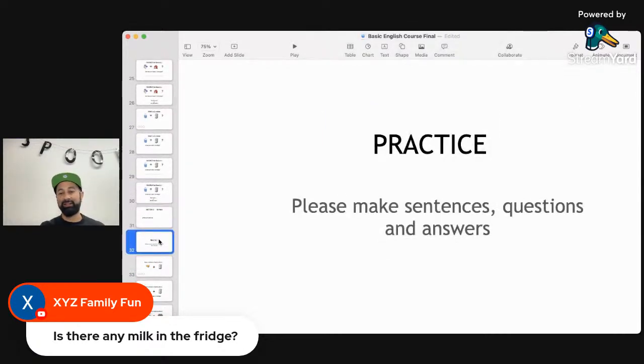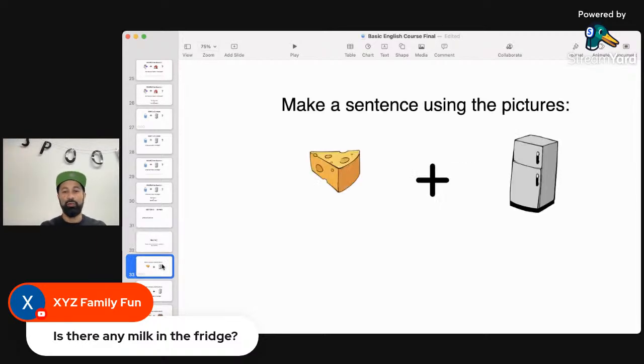We're going to be practicing. Please make some sentences, questions, and answers. So look at the pictures here, left side and right side. Please tell me the noun and the location.